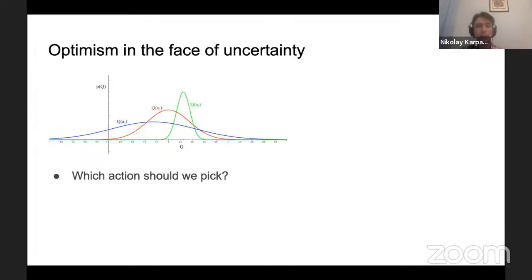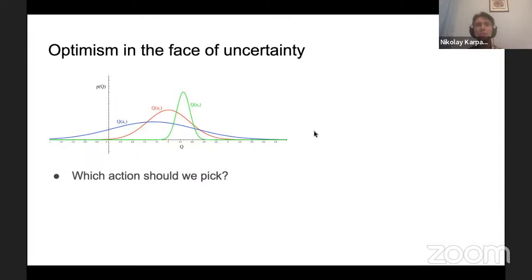So let's try to look at this plot. This plot represents three actions. We have action 1, which is blue, action 2, which is the red line, and action 3 is the green line.